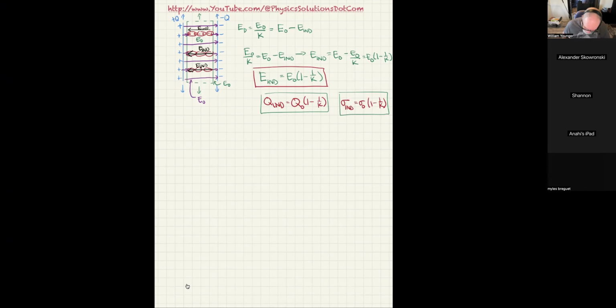So let's start with that now, and this will be example 24-14. And this is the last example from chapter 24, by the way. So it says dielectric partially fills capacitor. This is example 24-14 from roughly page 707 of your textbook.